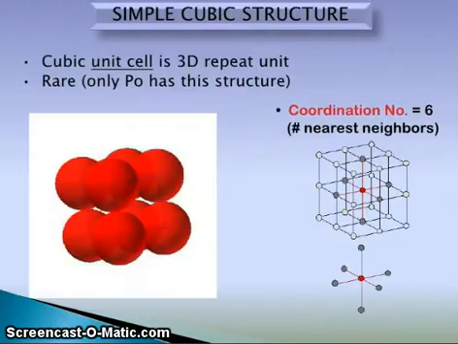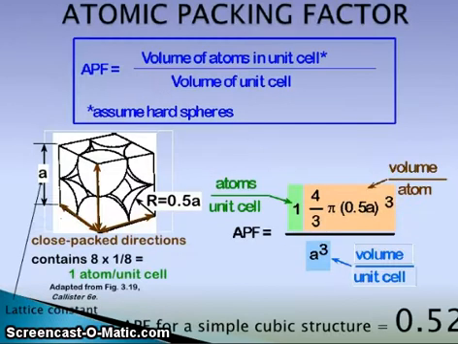Simple cubic structure: the cubic unit cell is the 3D repeat unit. Rare, only polonium has this structure. Coordination number 6, nearest neighbors. Atomic packing factor, APF, you can calculate with the help of this formula: volume of atoms in unit cell divided by volume of unit cell. Assume hard spheres.